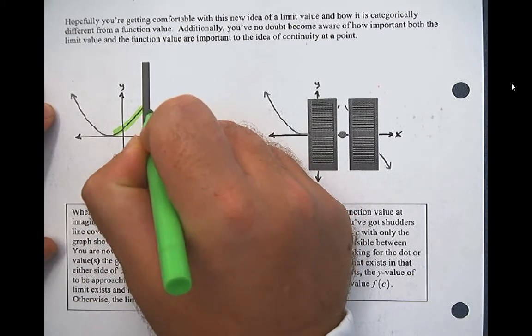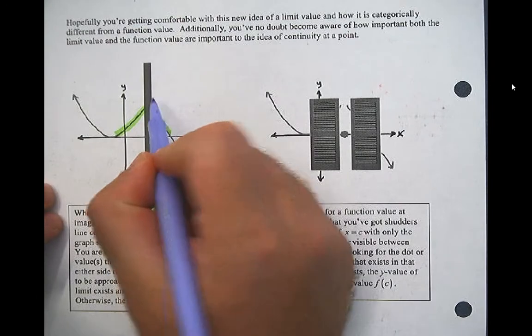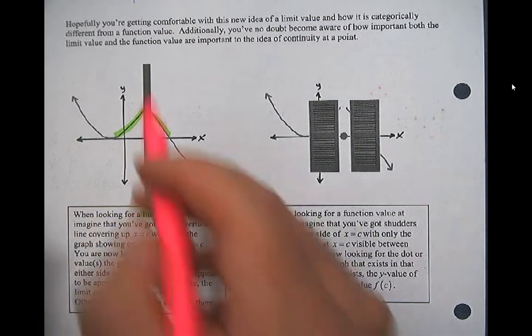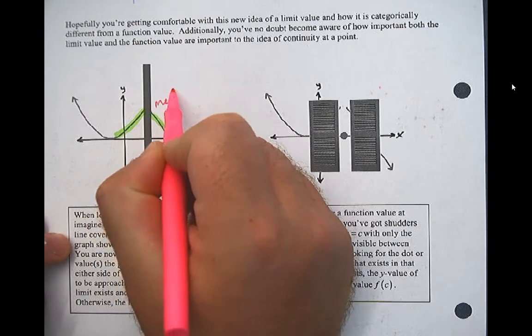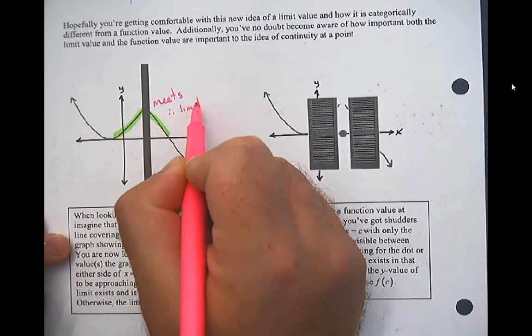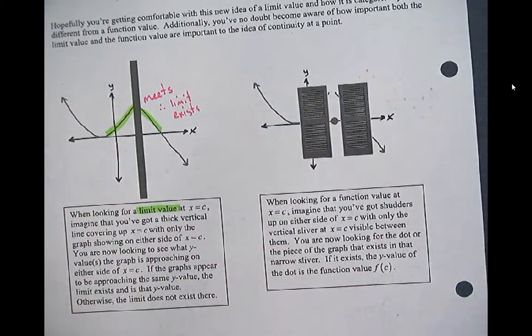Coming from either side, what happens? My graph meets from either side. Therefore, my limit exists. They head to the same place.